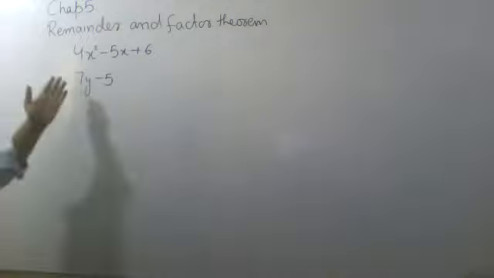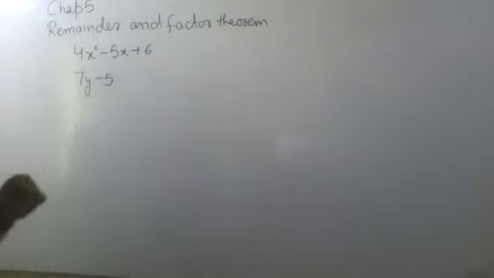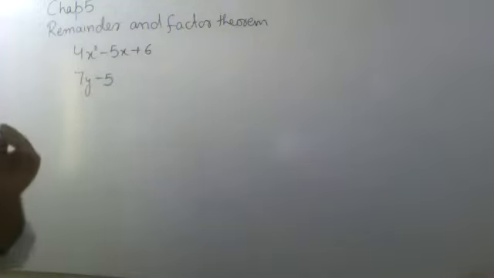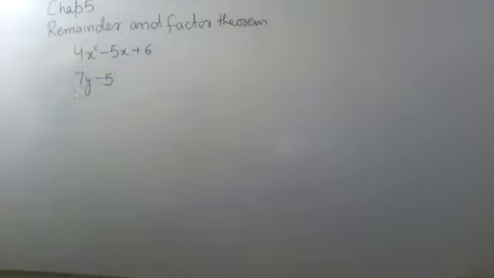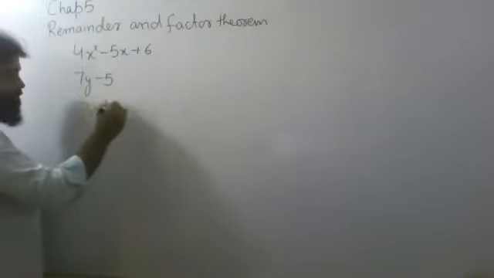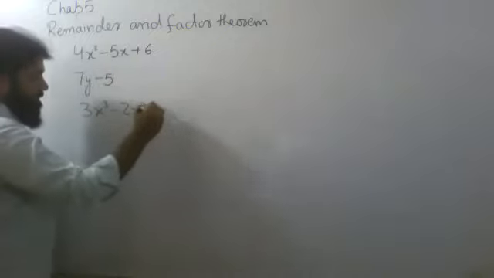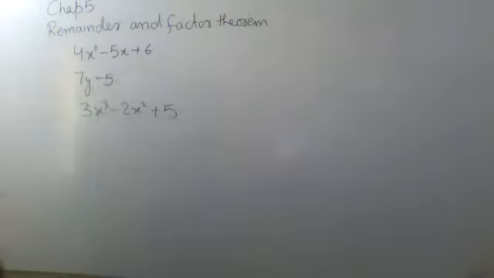So what are these? All of this which is given over here, these are called polynomials. This is polynomial, this is polynomial. If I am writing something like this, 3x cubed minus 2x squared plus 5, this is also polynomial. All of this which is written over here, this is your polynomial.